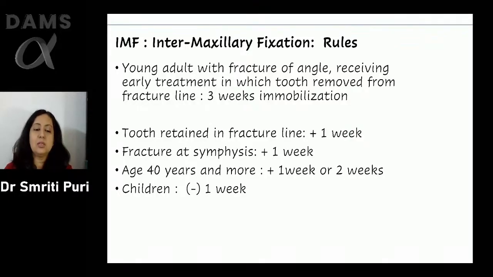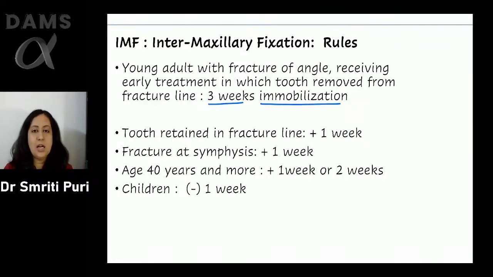There are certain rules according to which the duration of IMF is decided. So if there is a young adult with fracture of the angle to receive early treatment in which tooth has been removed from fracture line, you do 3 weeks of IMF.